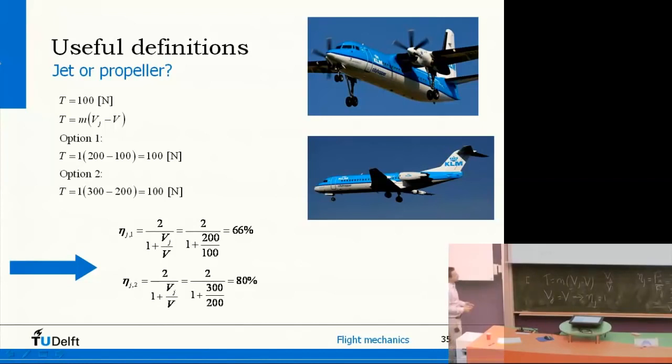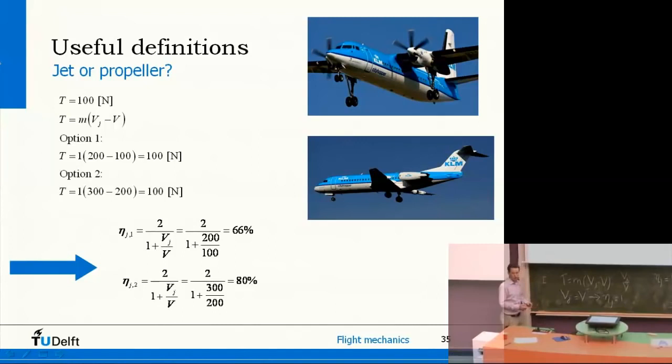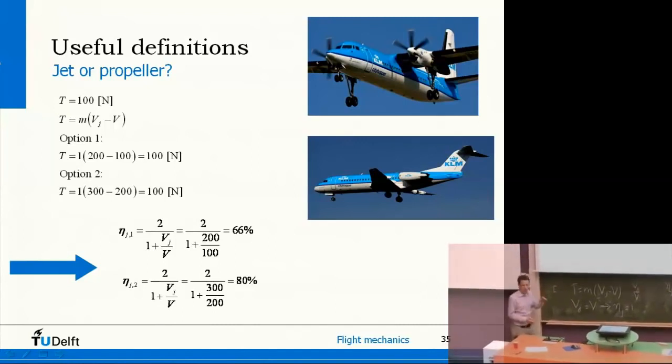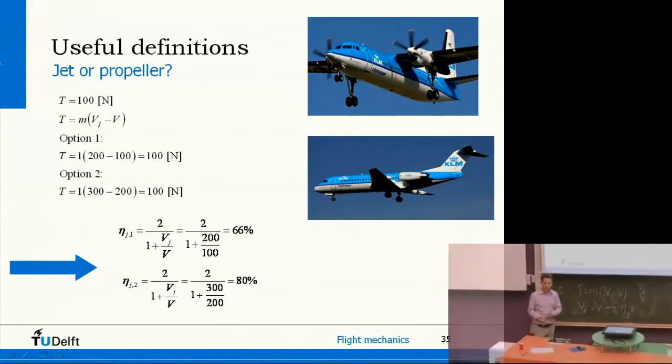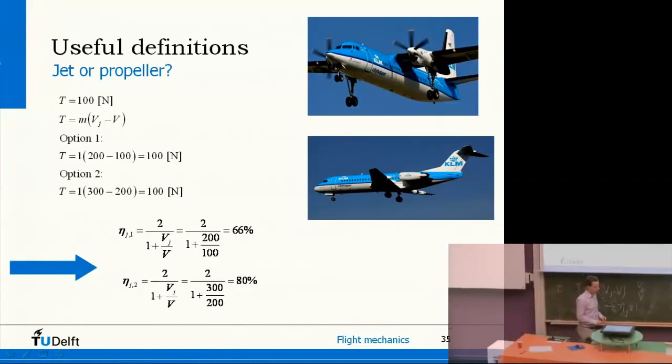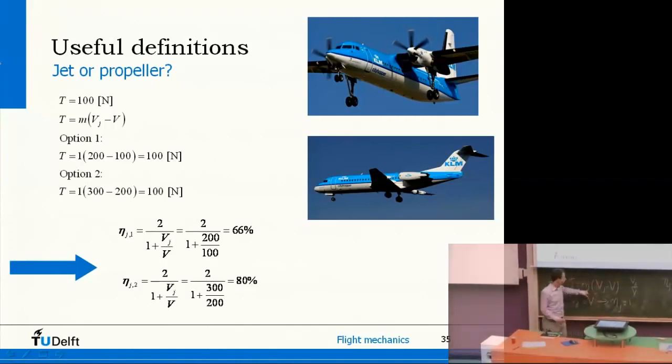So that's maybe a little bit curious, but this means if you fly faster, it makes sense to accelerate the air because you get more efficient. So this is why if you look back at this equation, thrust is mass flow times the speed increase. And as said in the beginning, you can do two things.